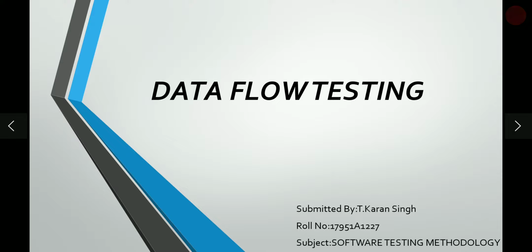Testing is nothing but when we have a product or software developed, it undergoes various tests, and the process of undergoing these tests is known as testing. And the testing related to the data flow, or the data that flows through various things, is known as data flow testing.